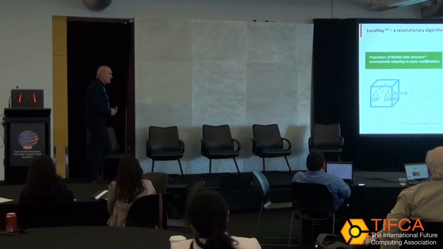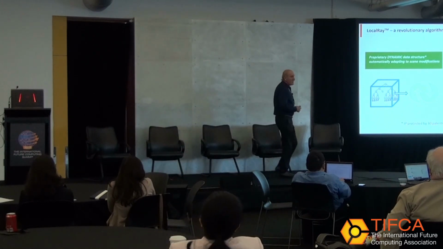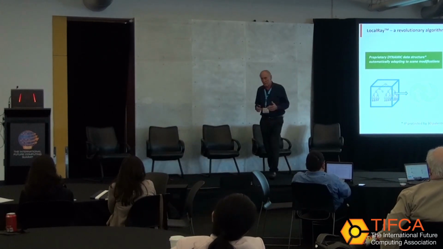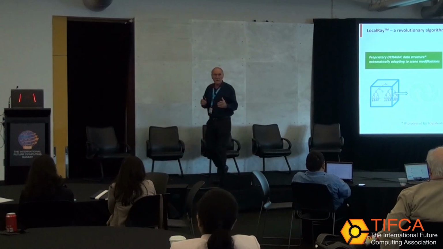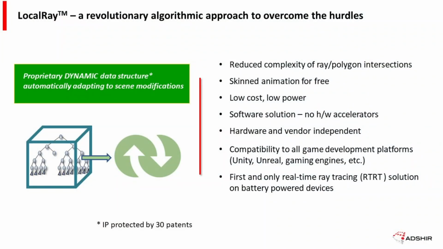Now, let's go back to Adshir. Adshir targeted the animation problem by changing the acceleration structures. The current acceleration structures are static, so I can represent them as a static cube.